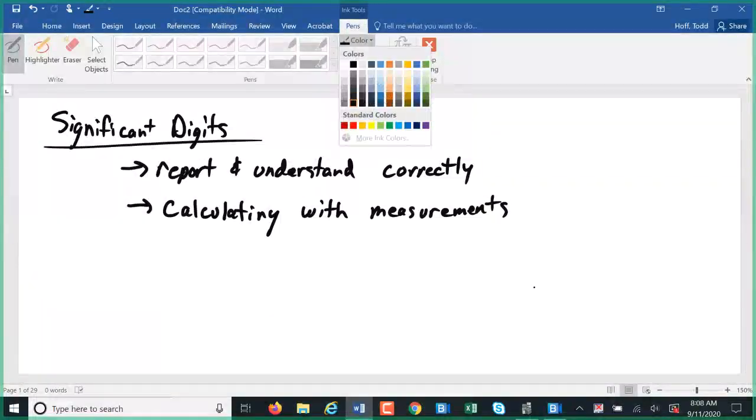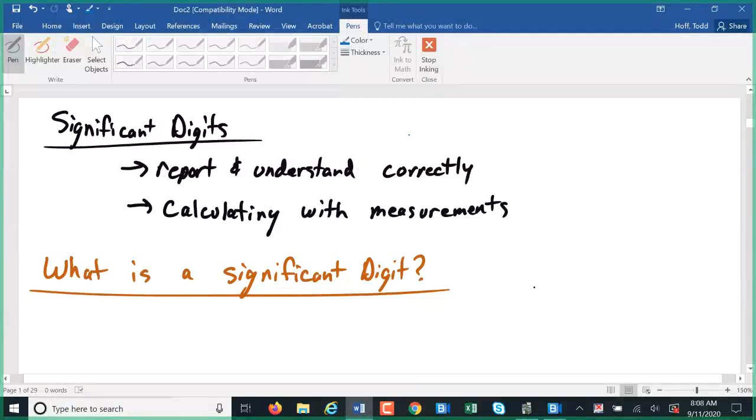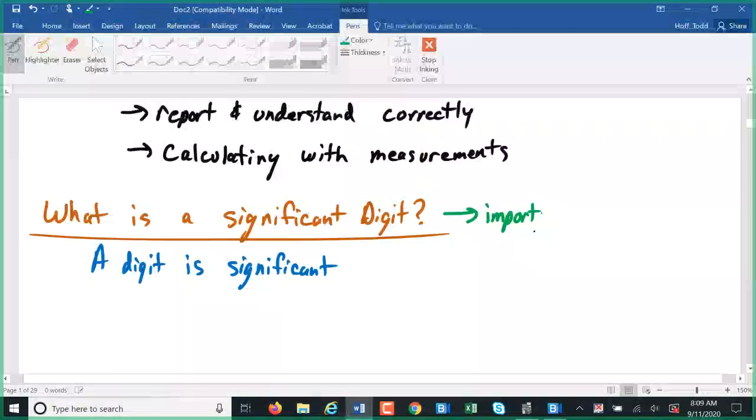So let's talk about what is a significant digit. A significant digit is, I shouldn't say important, I should say meaningful to the measurement.